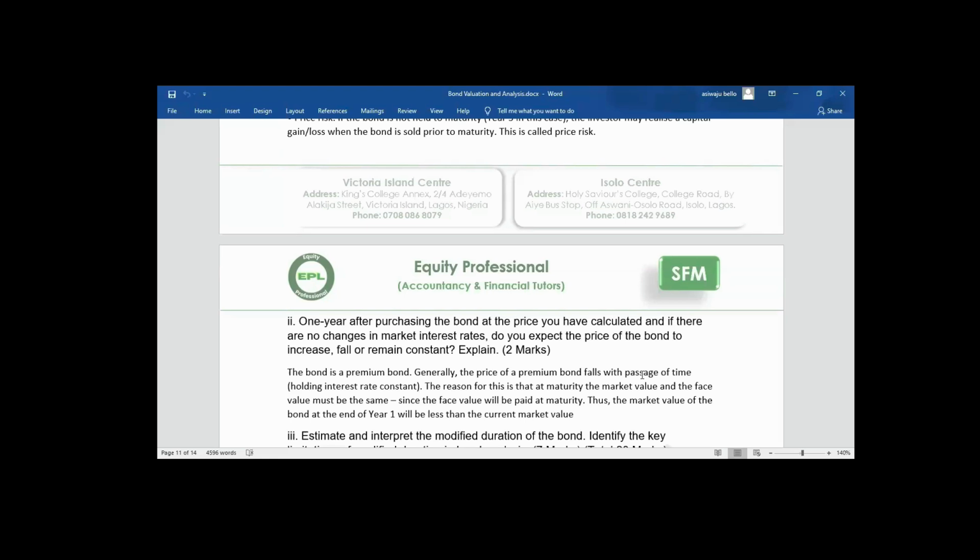The reason for this is that at maturity, the market value and the face value must be the same.